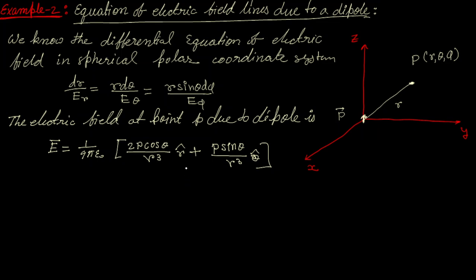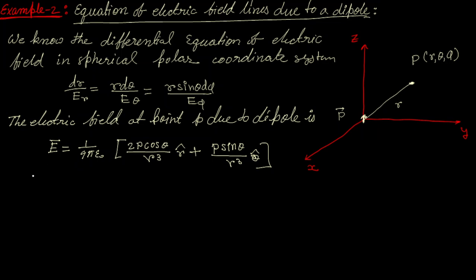So that is the electric field at point P because of this dipole. Point P is at a distance r from the center of the dipole, making an angle theta with the dipole, and since it will be phi independent, it doesn't matter what value of phi it is. Okay, so now we know the electric field at point P.